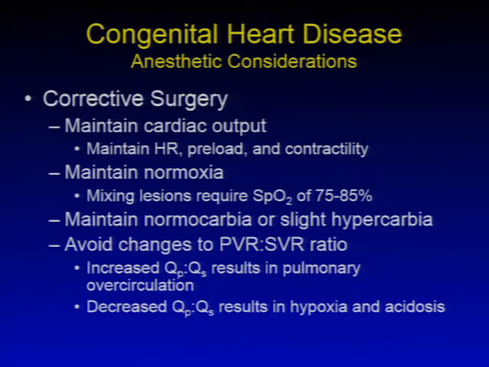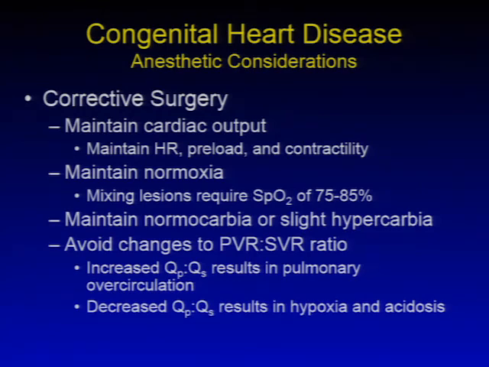Normoxia should be maintained. If the child has an acyanotic heart disease, then their saturation should be 100%, and they should be maintained at 100%. However, some lesions have mixing of blood, usually in the atria, of saturated and desaturated blood.